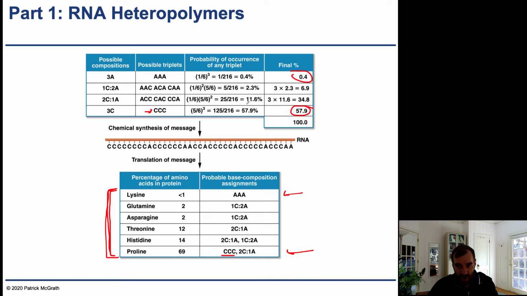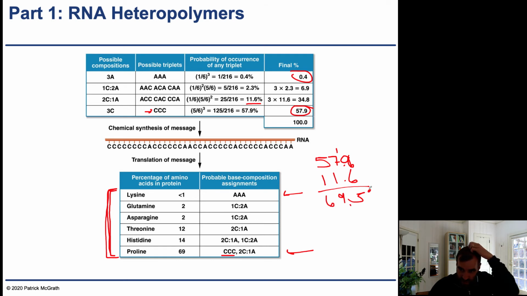We know that for this combination, for each of these, there's about 11.6%. We expect to see 11.6%. So now if we just add these together, 57.9 plus 11.6, then we get something like 69.5%, which is how much we expect to see.